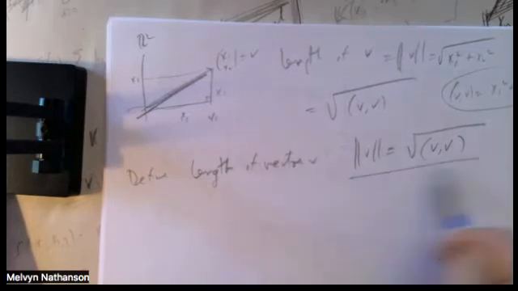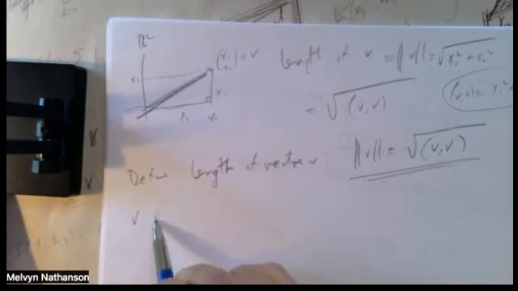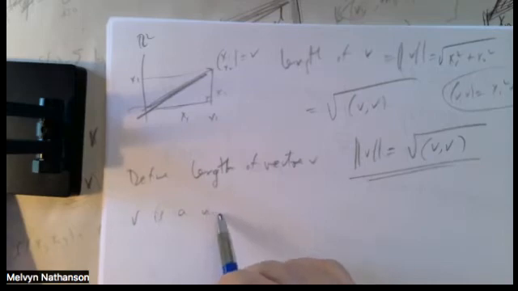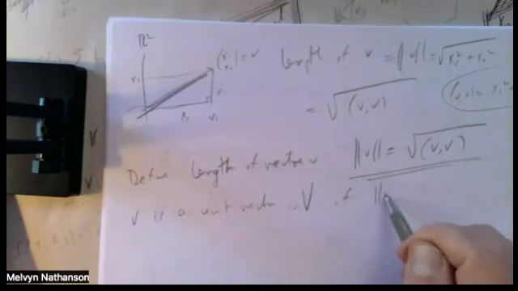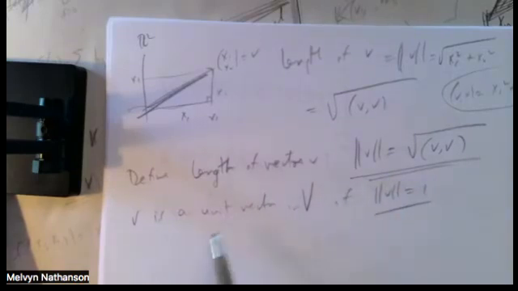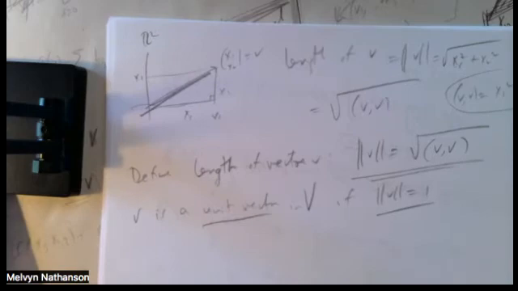That's the definition. So once you have an inner product space, you can define the length. And we say v is a unit vector if its length is 1. So a unit vector is just a vector of length 1.